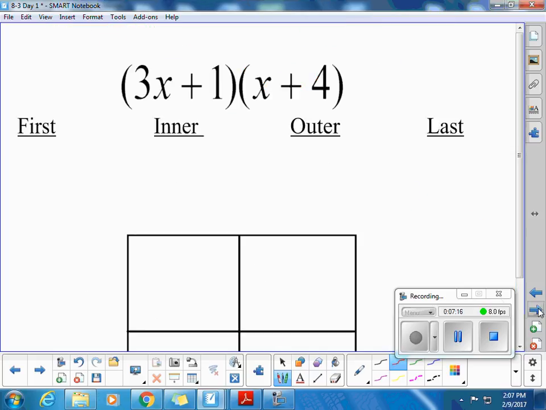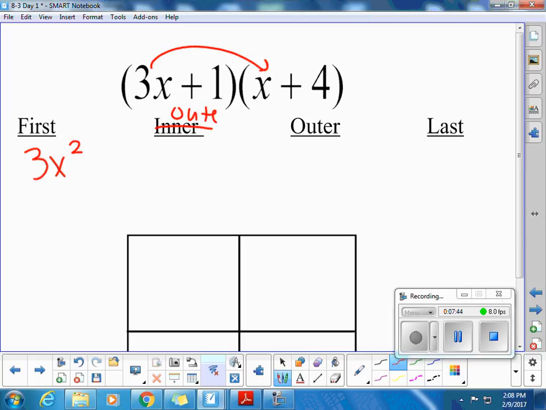First, 3x squared. Outer. Let's say this again. Hold on. First. I have it in the opposite order. That's why 3x squared.